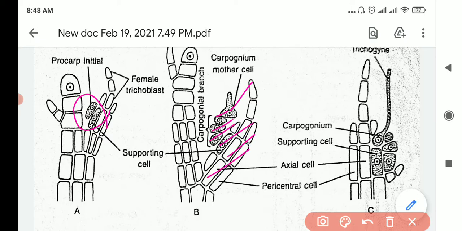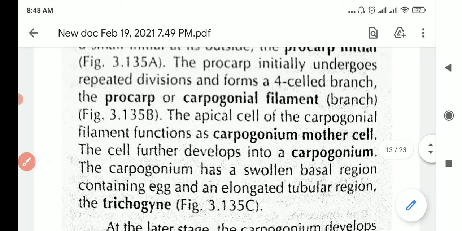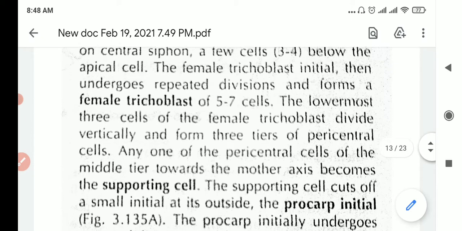So these are the pericentral cells. These were formed from the vertical divisions of the lower cells. Not that way; if the cell divides like this, it will form the pericentral cells. Then let's go on again.